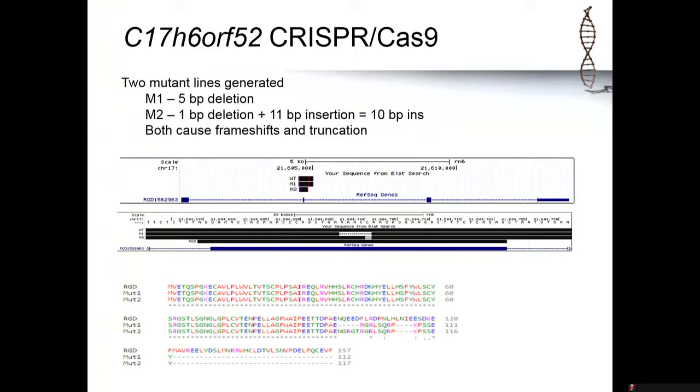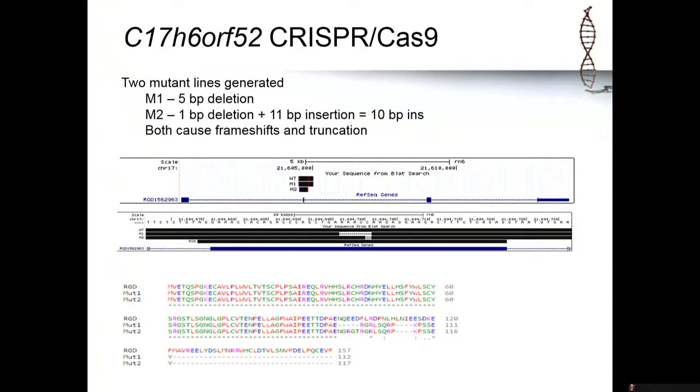Again, here this is just called RGD because previously it just had a transcript identifier that was assigned by the rat genome database, so it was RGD 1562963. Now it's C17H6ORF52. They're both mouthfuls, and they don't give you any hint on the function of this gene, but we at least could look to see if there was actually a phenotype with this gene.